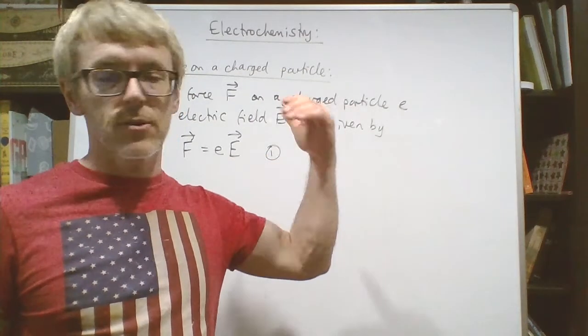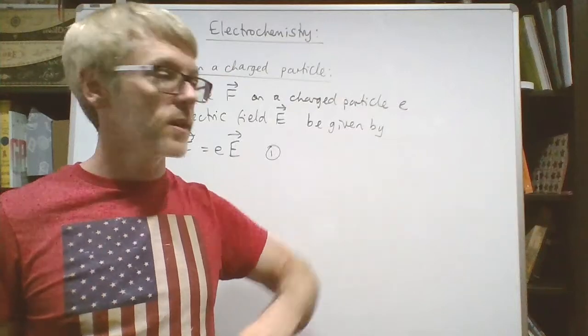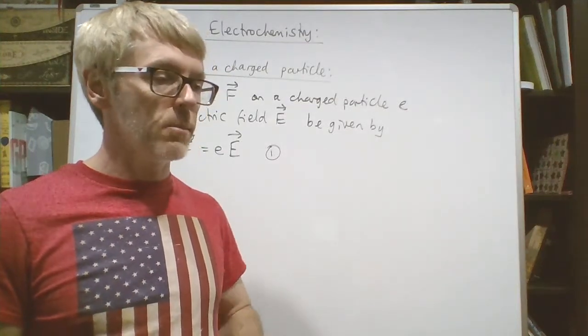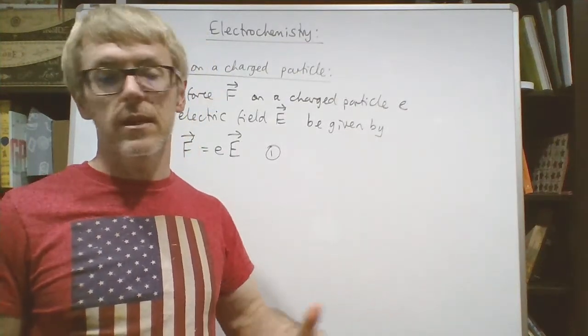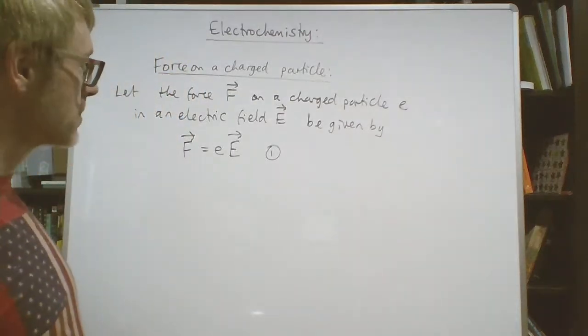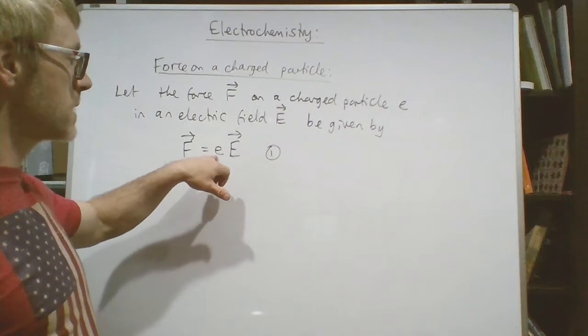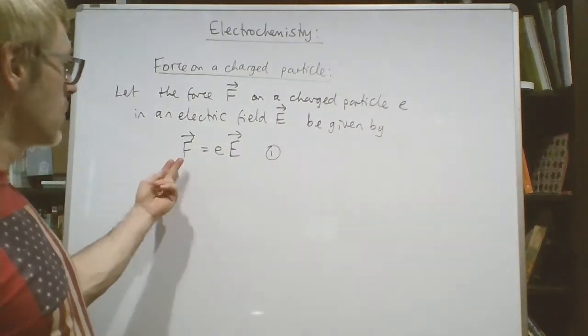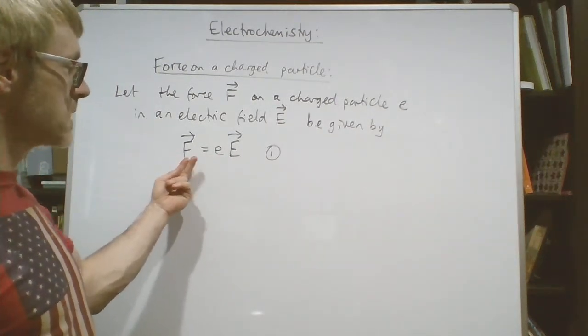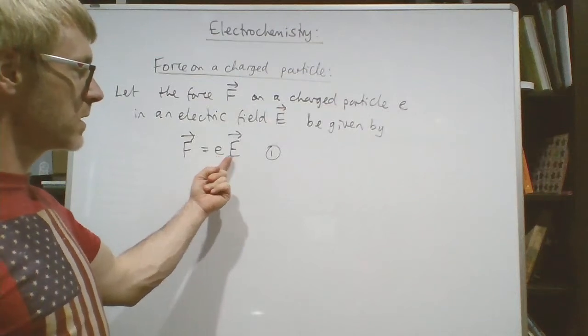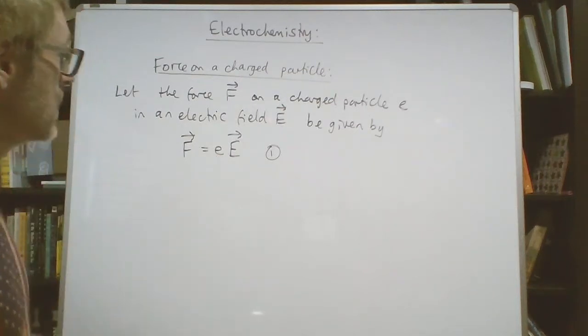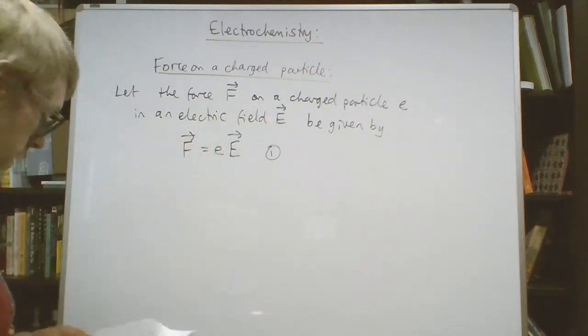The electric field influences the electron and it will apply forces to the electron based on its presence within the field. So we can see that the electric force is the product of the charge and the field itself. So intuitively the equation makes sense.